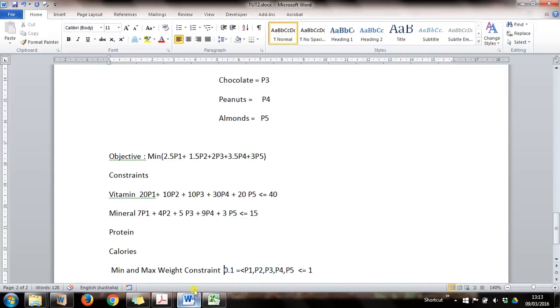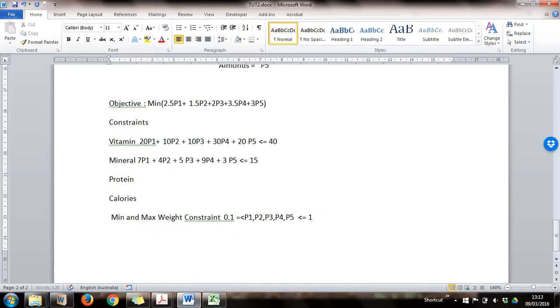We forgot to mention this constraint over here, that P1 plus P2 till P5 should be equal to 2, because the sum of all the weights should be equal to 2 pounds.